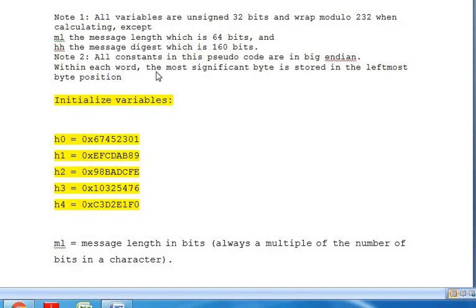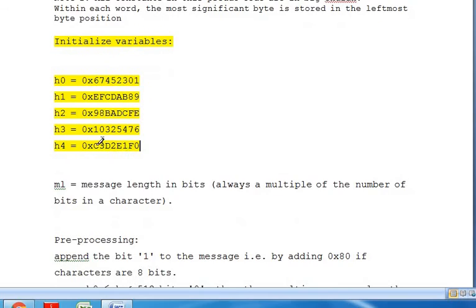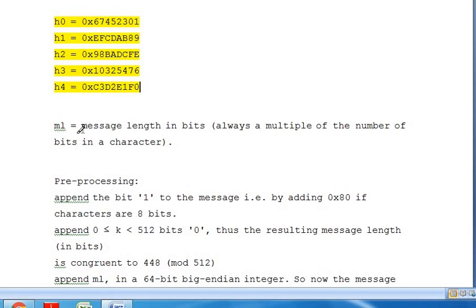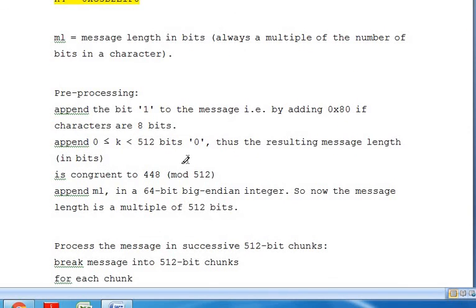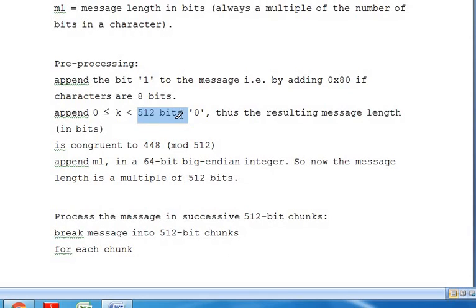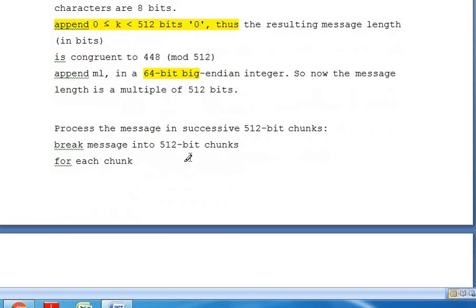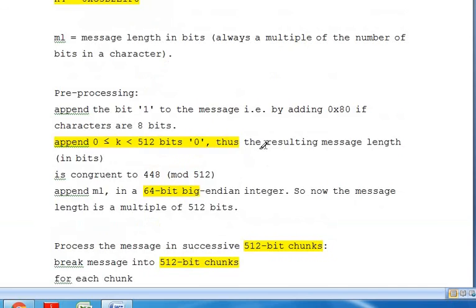Initializing the variables is nothing but initializing the hash values, so we take 5 hash values. The message has a length in bits, in multiples of a number of bits, and we need to pre-process it by converting it into 512-bit or 64-bit chunks. We need to check the conditions, and after checking, it will be multiple 512-bit chunks or otherwise, depending on the diagram.